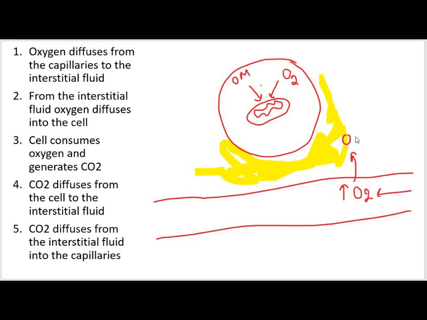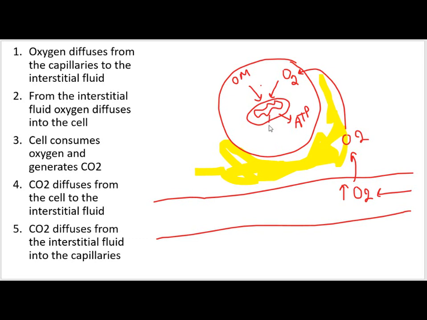From the interstitial fluid, the oxygen is going to diffuse into the cell. Once it diffuses into the cell, the cell will consume that oxygen, use that oxygen. And when it uses the oxygen, in exchange, it produces energy. So this cell will produce ATP.